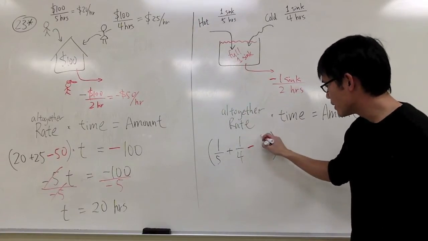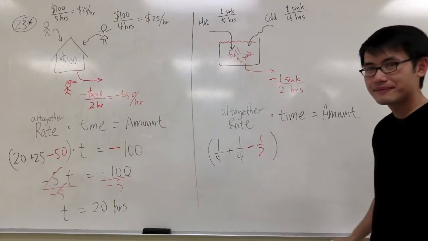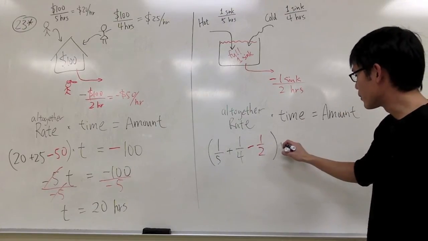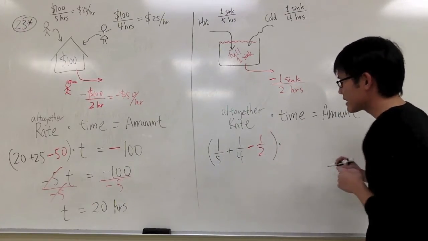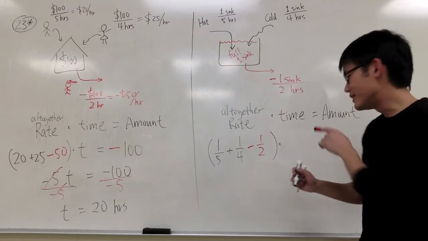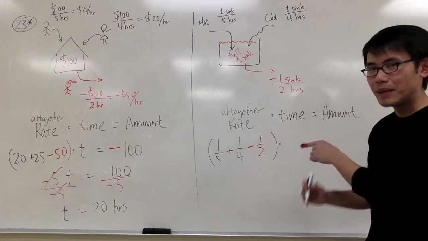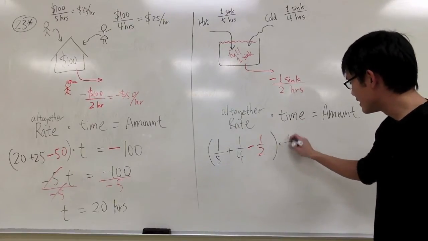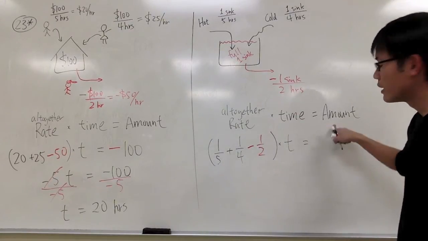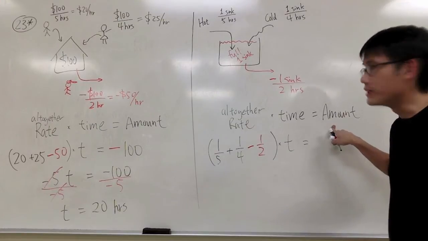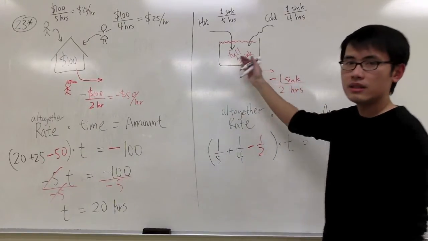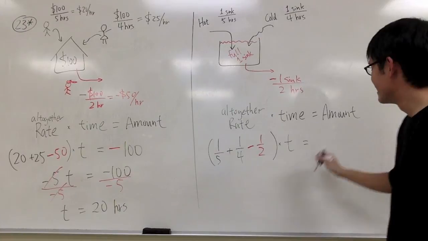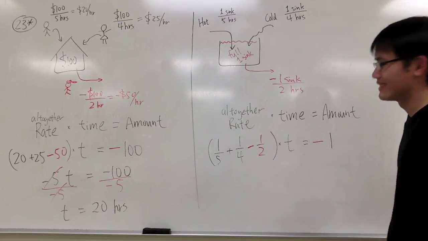Therefore, it's minus 1/2 times the time that I don't know. So this is not like the x, this is my baby x for multiplication. So times t, it's equal to the amount that we are looking for. I want to empty the full sink, so it'll be -1.